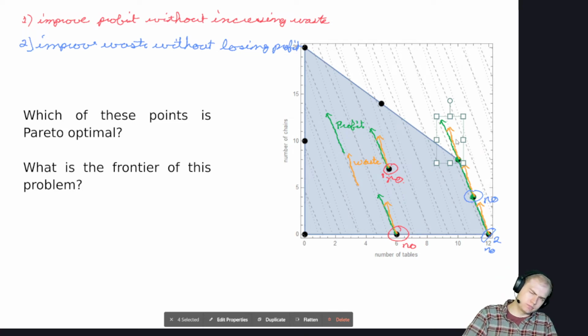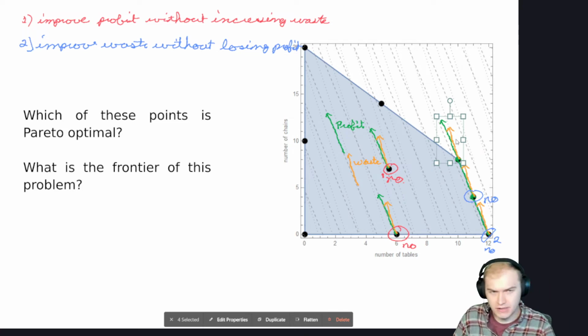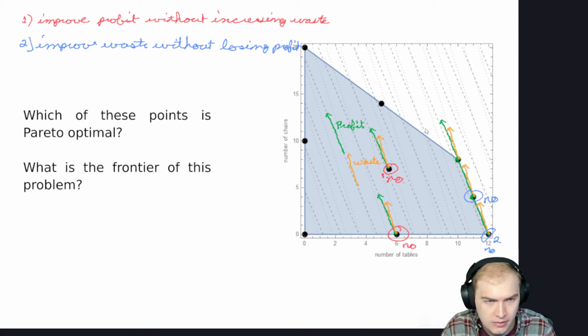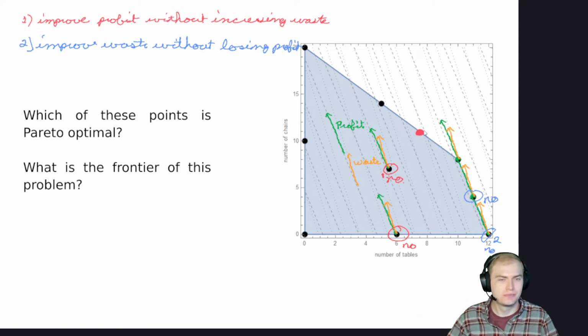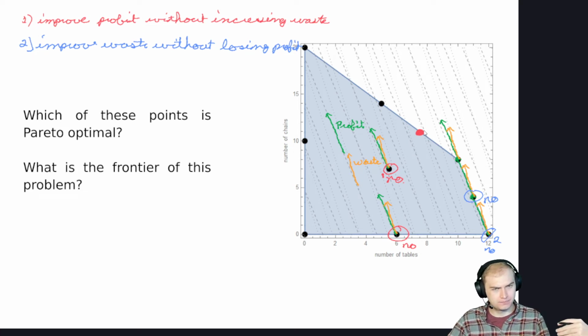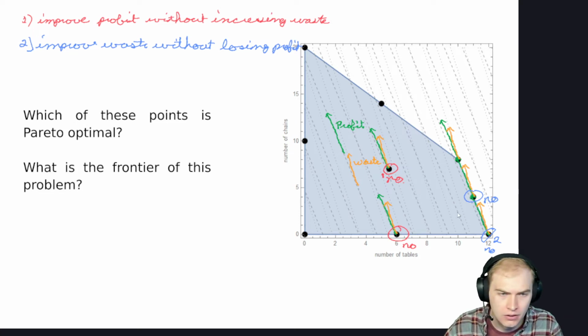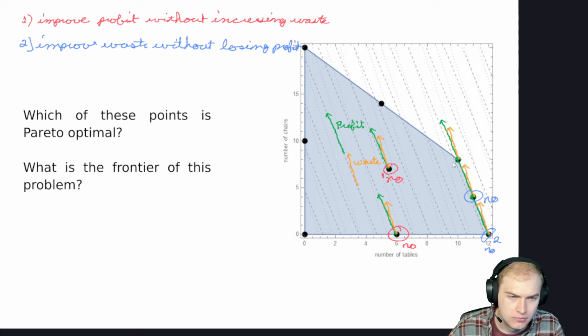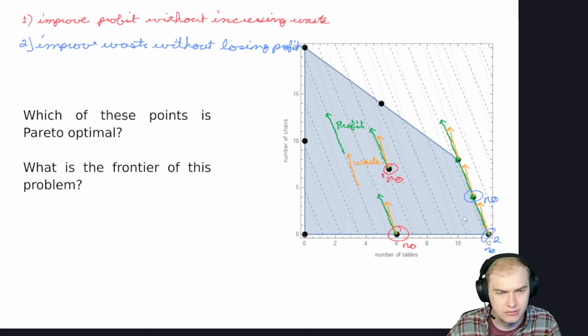Well, remember from the rollover method that we found a solution here-ish that had a better waste but a worse profit. Obviously, any point in the interior is bad, so it is not Pareto efficient.